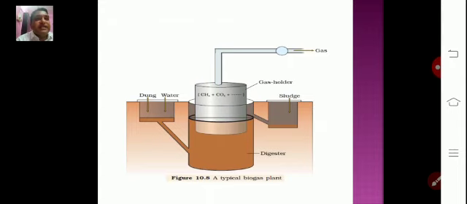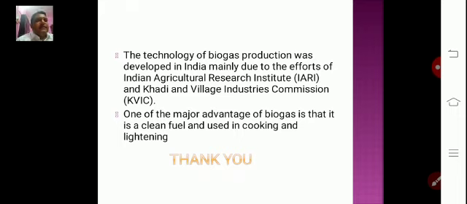They act on various components of microbial fermentation and produce methane gas, so gobar gas consists of a large amount of methane. The technology of biogas production is the effort of IARI, the Indian Agricultural Research Institute, and the Khadi and Village Industries Commission.